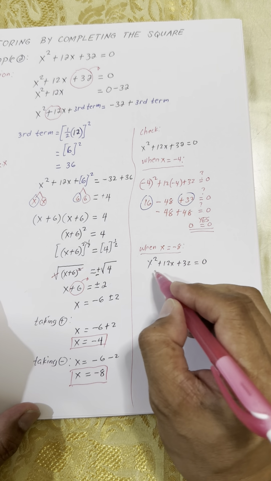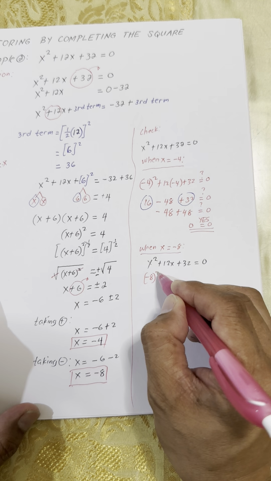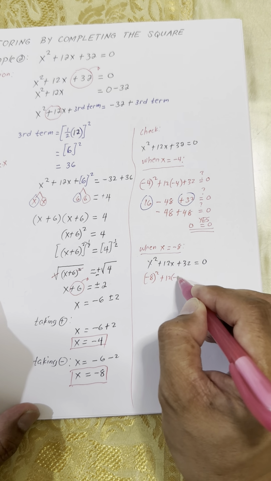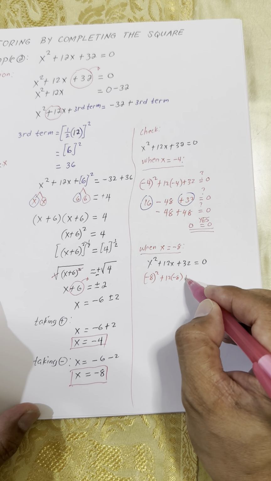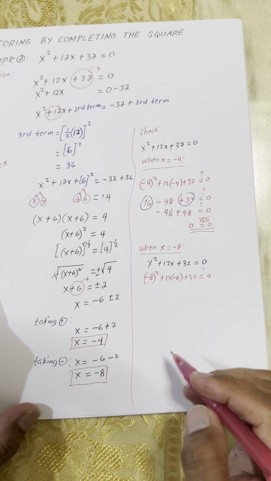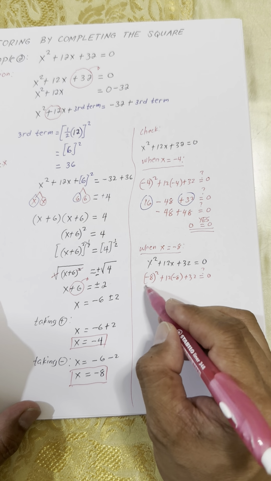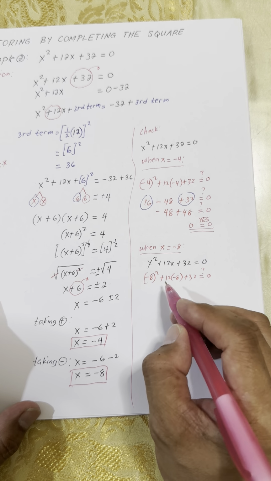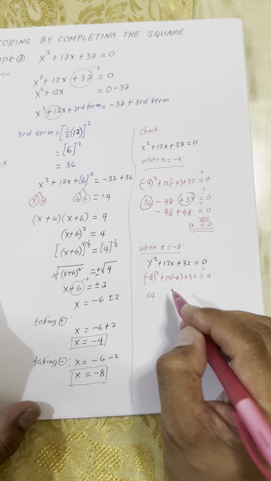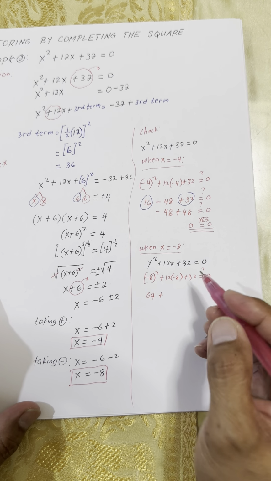Substituting the value of x, in this case, we have (minus 8) squared plus 12 times minus 8, then plus 32, is it equal to 0? Let's find out. Minus 8 squared is the same as minus 8 times minus 8, which is positive 64. Plus, what is 12 times minus 8?